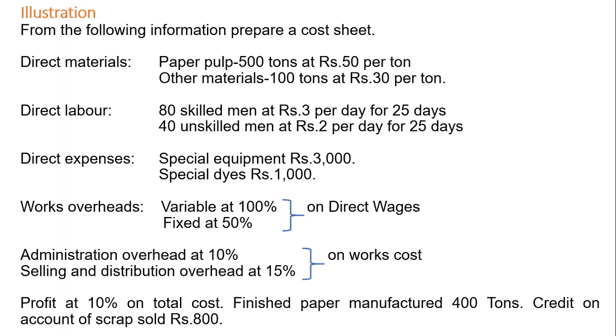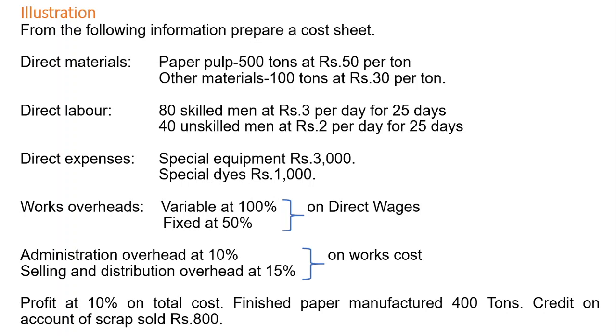Those items we need to identify as direct materials, and some of the items may be related to direct labor and some expenditures may be related to direct expenses. So that's why a specific item used as a raw material, concerned workers and then special expenses are given with respect to paper manufacturing industry.